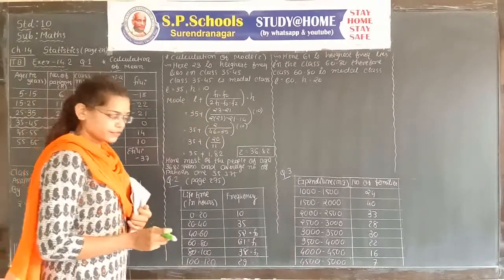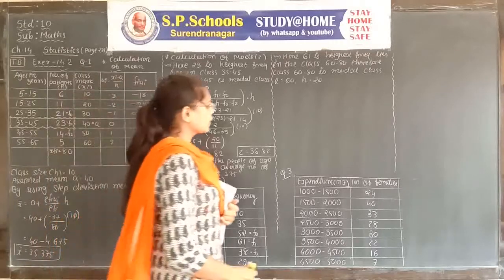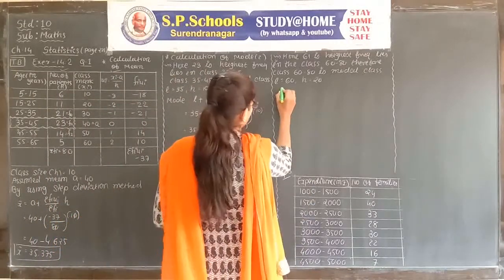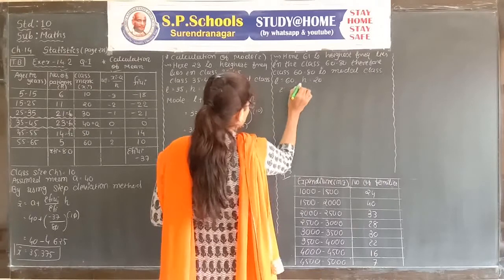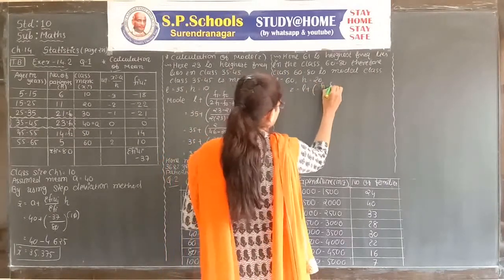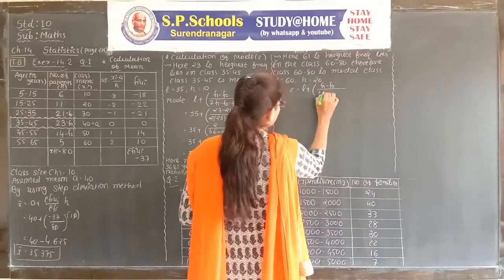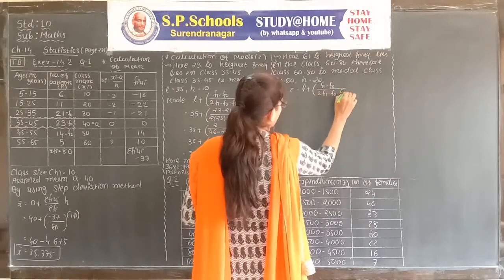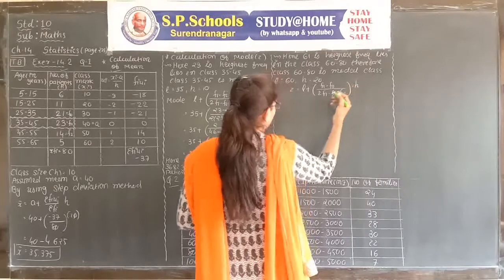F0, F1 and F2 are consecutive. Now we use the formula to find mode: Z is equal to L plus (F1 minus F0) upon (2F1 minus F0 minus F2) into H.